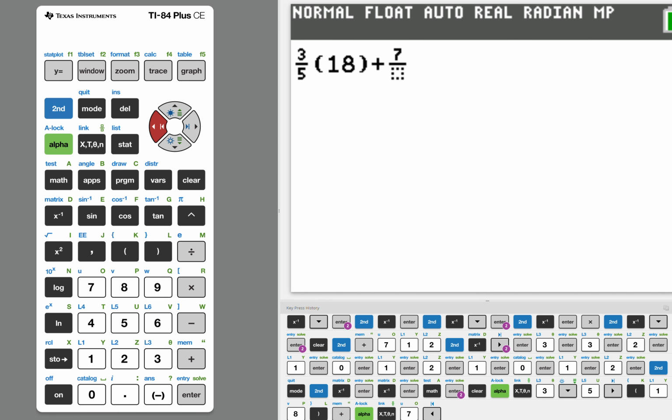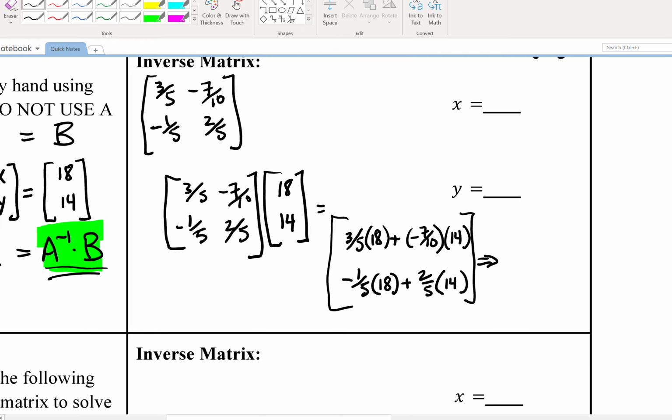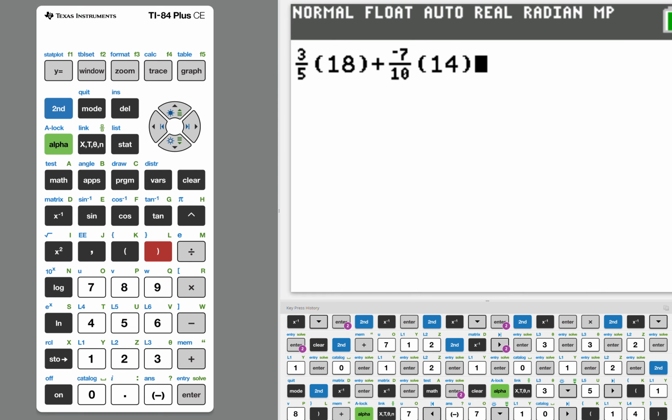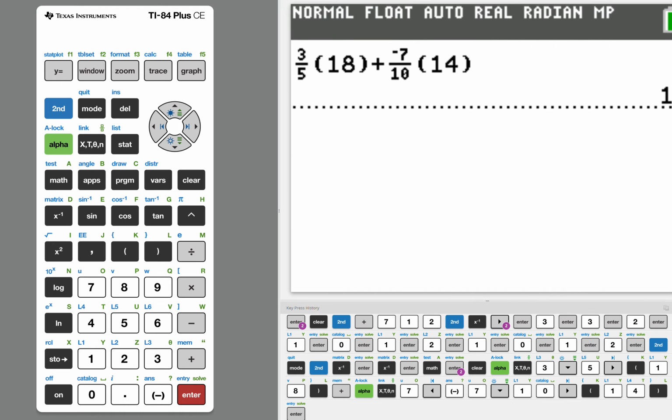I'm going to put the negative on there. Negative 7/10 times 14. Just double check to make sure that's what I had. And then I just hit enter, and that gives me 1, which is great.